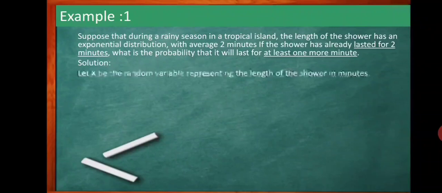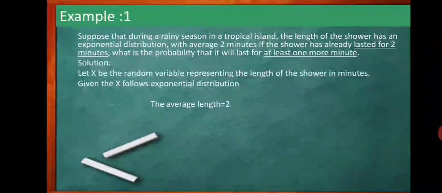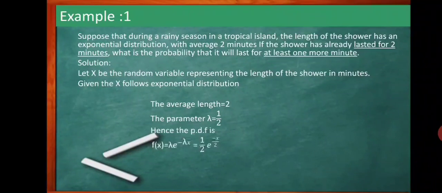First we consider what is given. X is a random variable which follows exponential distribution. That means we are considering the exponential definition here. So, first what is this average? Average is nothing but mean. Mean of exponential distribution is 1 by lambda. So, we need only lambda, that is 1 by 2. Now, we know what is the definition.